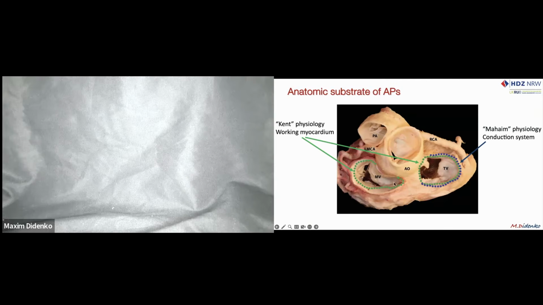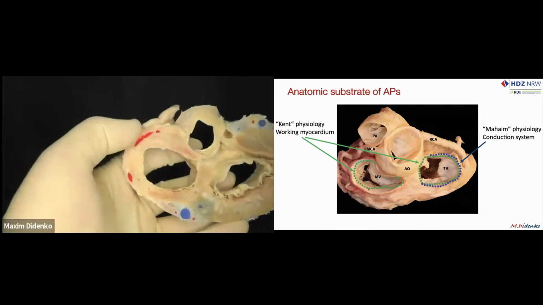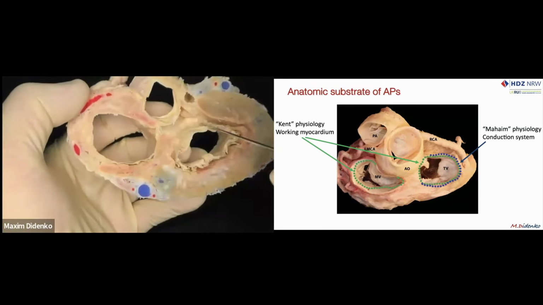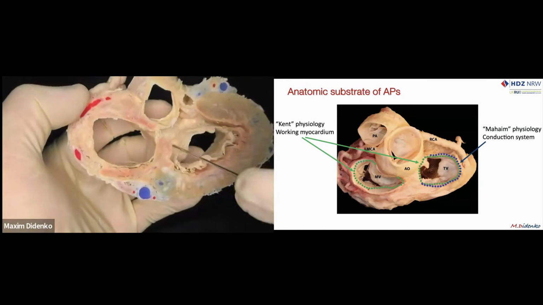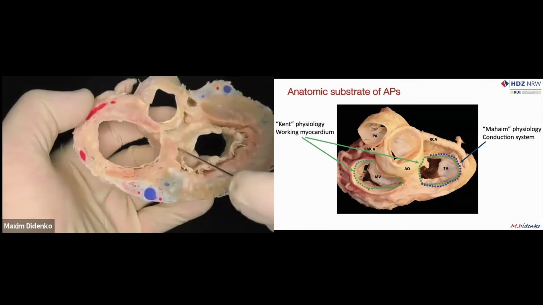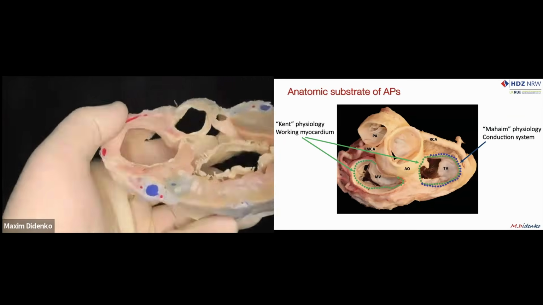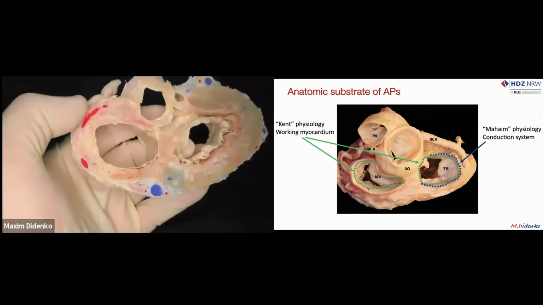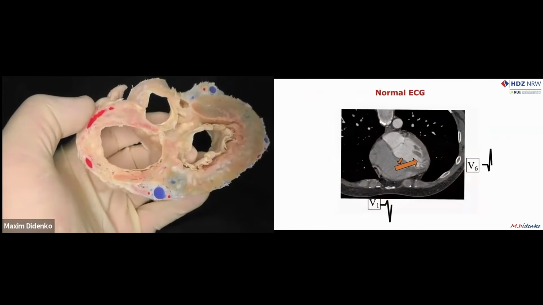Working myocardium accessory pathways can be almost everywhere, excluding this area here, which is the aortic-mitral continuity, the left fibrous trigone. You can see here the anterior leaflet of the mitral valve, also called aortomitral continuity. It's really fibrotic tissue, and here usually we cannot see any accessory pathways.